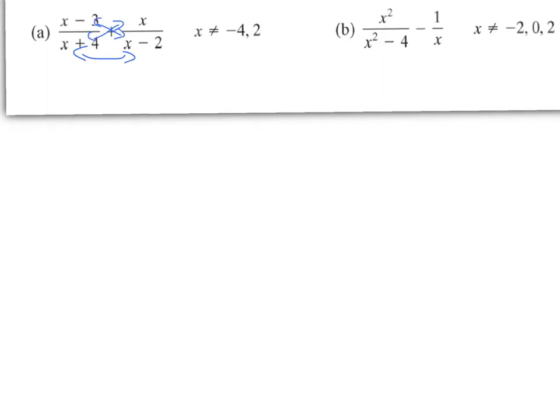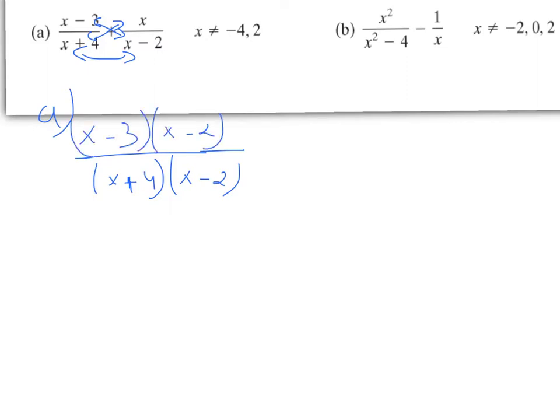So for a, we get x minus 3 times x minus 2, plus x times x plus 4.